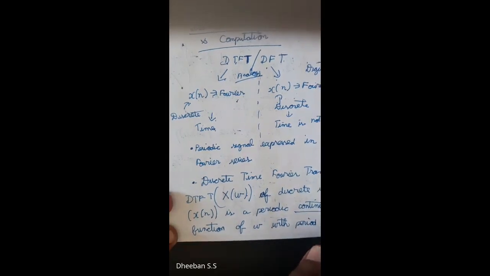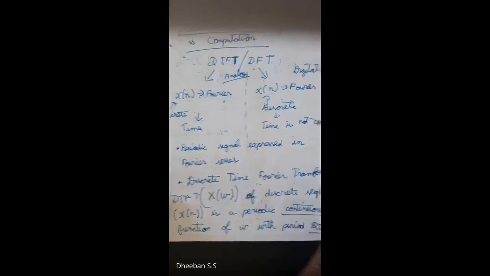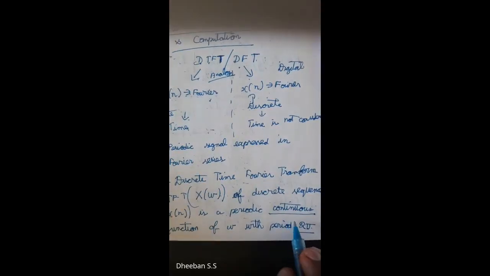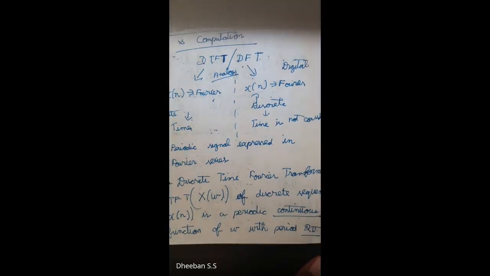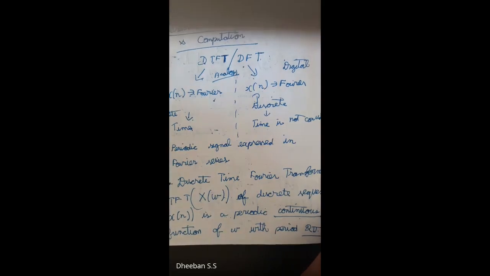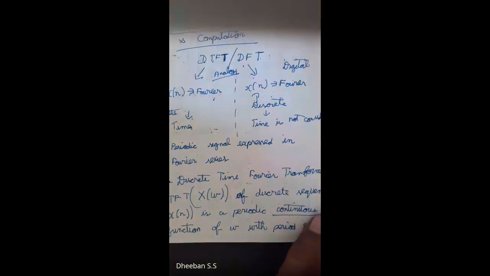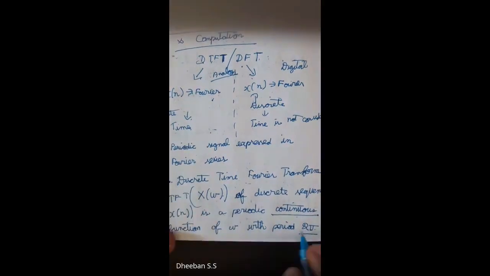Here what they're saying is that your DTFT is nothing but a continuous signal. In general, both DTFT and DFT are related, but they vary only with respect to time. In a DTFT there will be a time sequence, but in your DFT the time sequence will be absent. Period 2 pi. It is a continuous signal, so this signal cannot be digital.